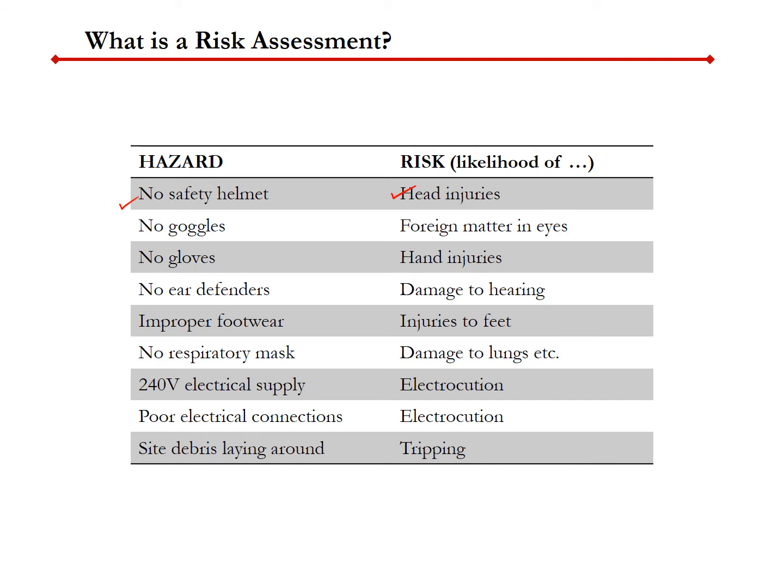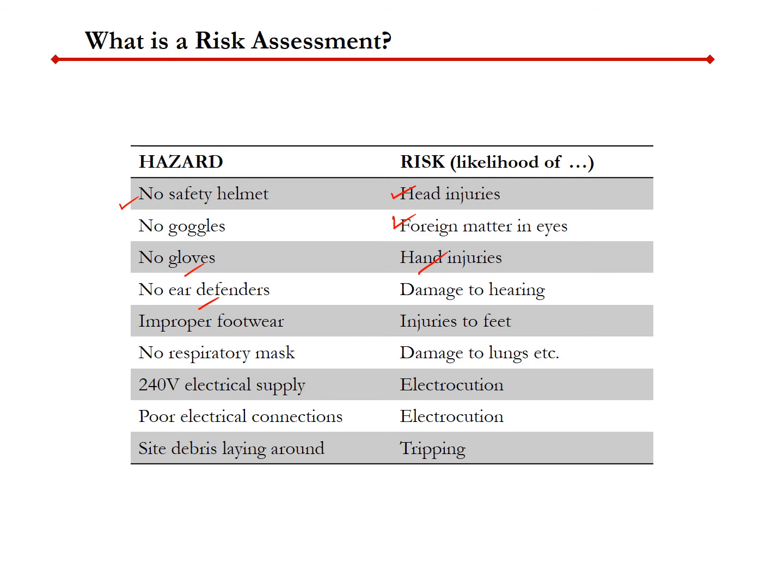Also, someone not using goggles could have the risk of foreign matter falling into his eyes. So you could have the likelihood of foreign matter in his eyes, and this could be low or high depending on the situation. Also, you could see other examples: no gloves and the likelihood of hand injuries; no ear defenders, like ear muffs, or you could have canal caps or earplugs and stuff like that.